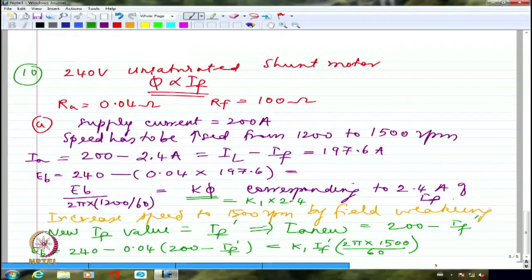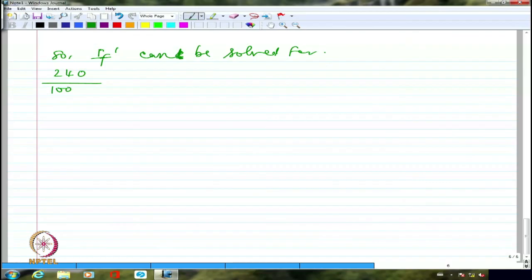You should say 240 divided by 100 plus 100 was the original resistance, some R external. I think they are asking for R external, equal to IF dash, from which you can get R external F. Right?